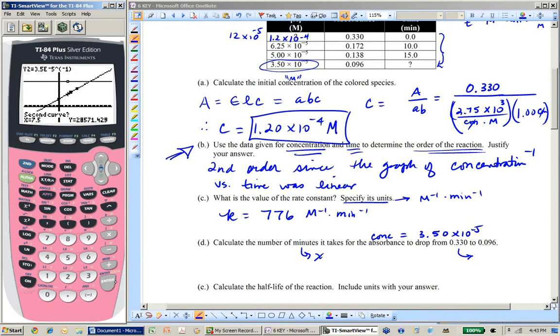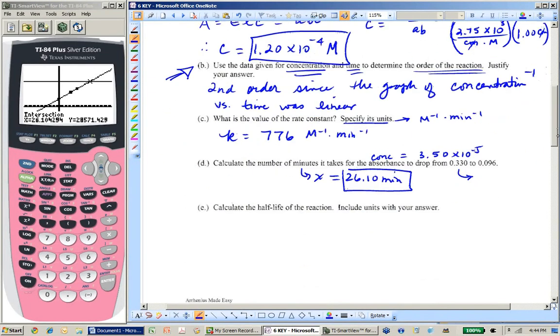Just keep pounding enter until you actually get an intersection on there. There we go. So x equals 26.1. 26.10 seconds. Oh, minutes, sorry. Look back at my table. Minutes. So the time required then is 26.10 minutes. And we're done with that.